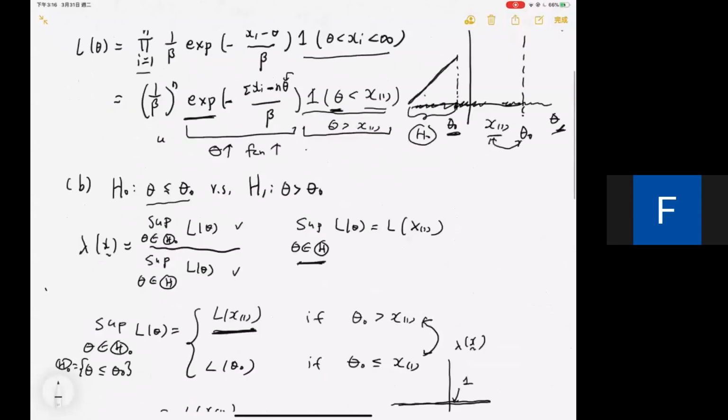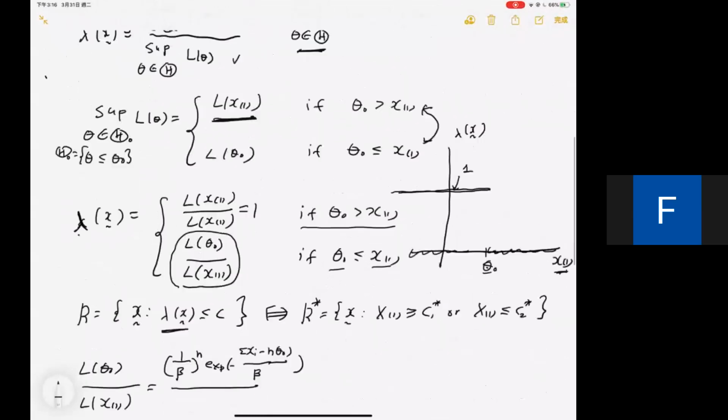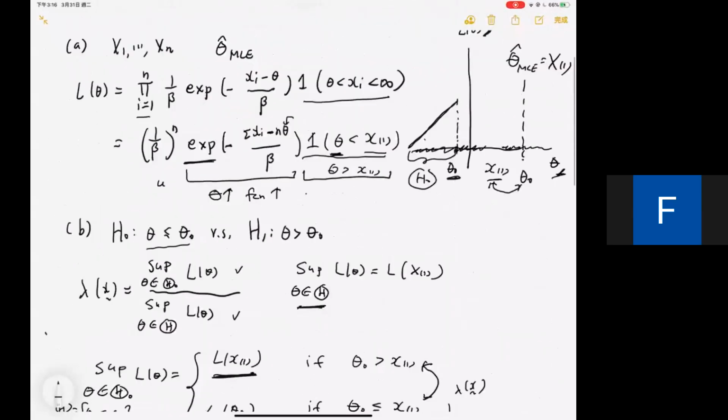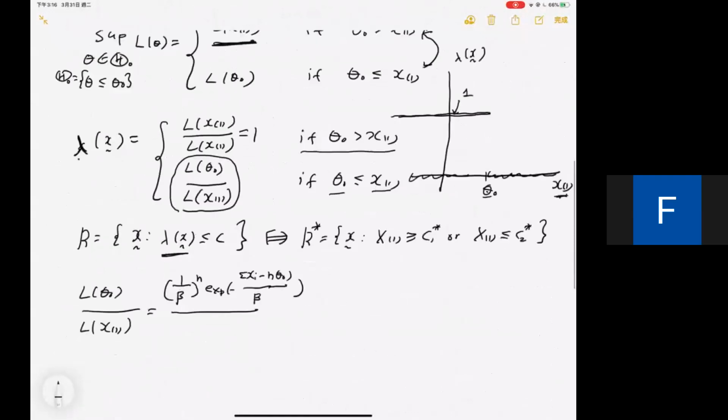N theta, replacing theta by theta not, then the indicator function theta smaller than x1, indicator function theta not smaller than x1 right here.